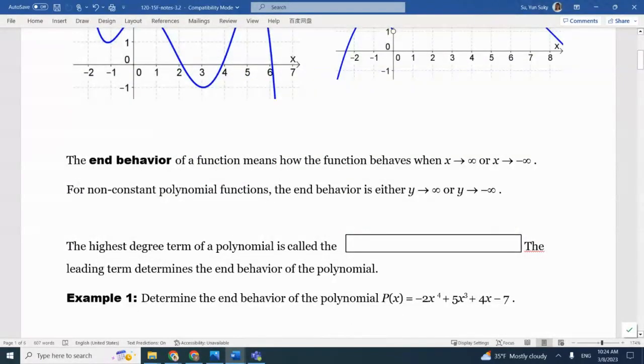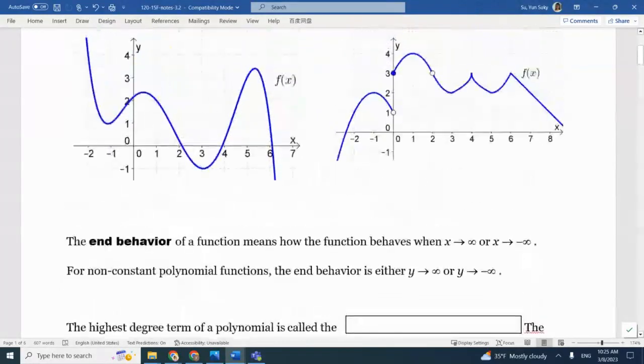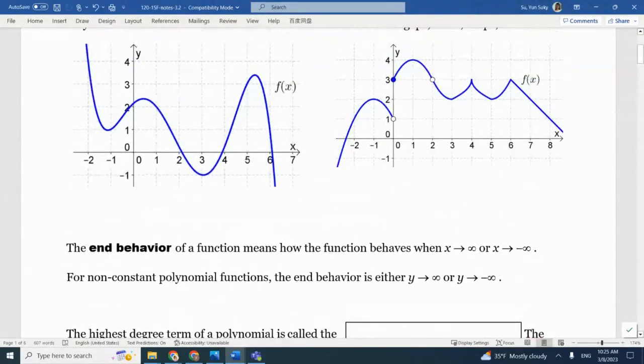And then the end behavior. The end behavior of a function means how the function behaves when x goes to infinity or x goes to minus infinity. Look at the x-axis. The right-hand side is more positive. The left-hand side is more negative. So when x goes to infinity, that is to the right side.